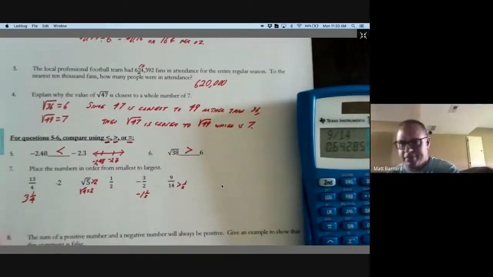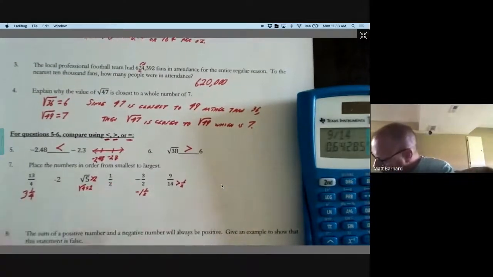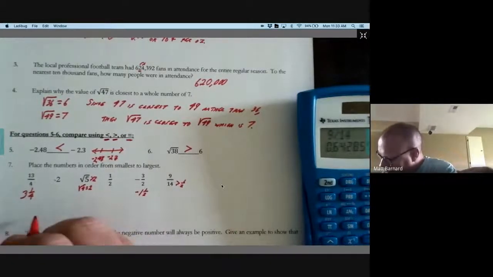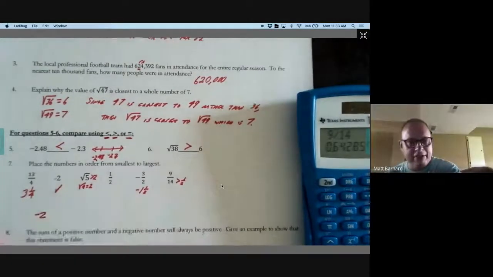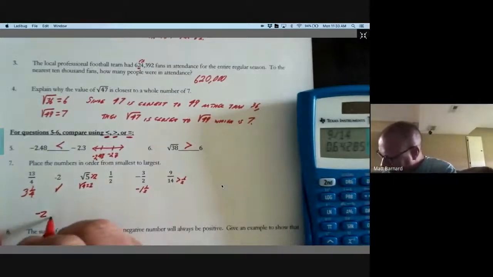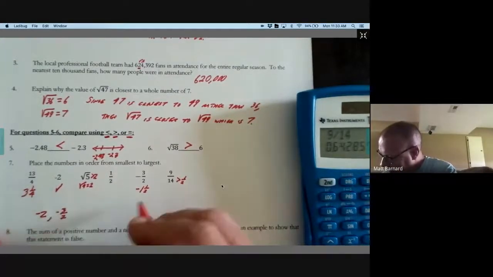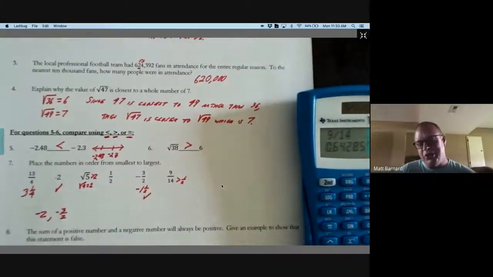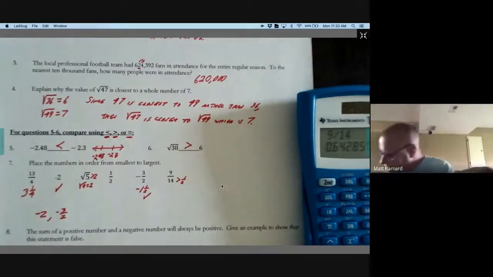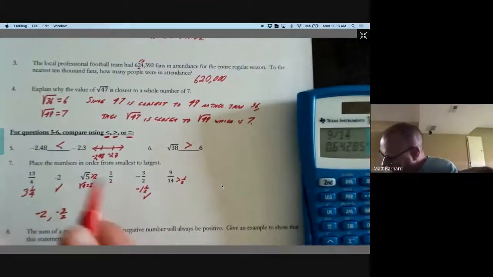Now I'll put them in order. So the smallest number I see is, let's see, the number farthest to the left. That's going to be -2. I'm going to check that one off. Then we've got -3 halves, the other negative. And when you put things in order, you always want to write the numbers as they originally were listed. Let's see, fractions. We've got half.